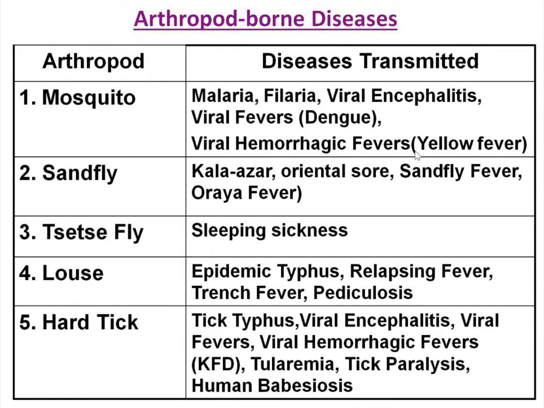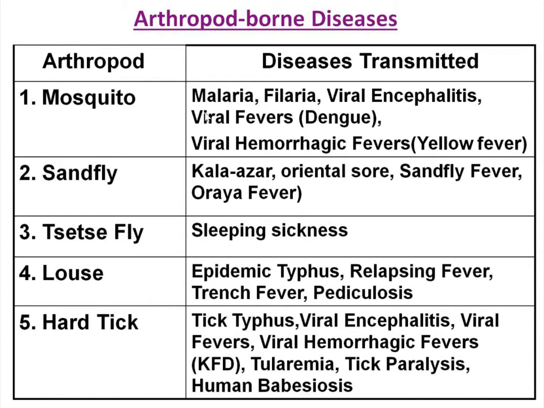So these are all diseases transmitted by hard ticks. You should know one specific thing here. All these arthropods simply transmit the disease, so they act as vectors. They are not the causative agent. You should know the difference between the causative agent and vector. Suppose you take malaria or filaria, the causative agent is different.